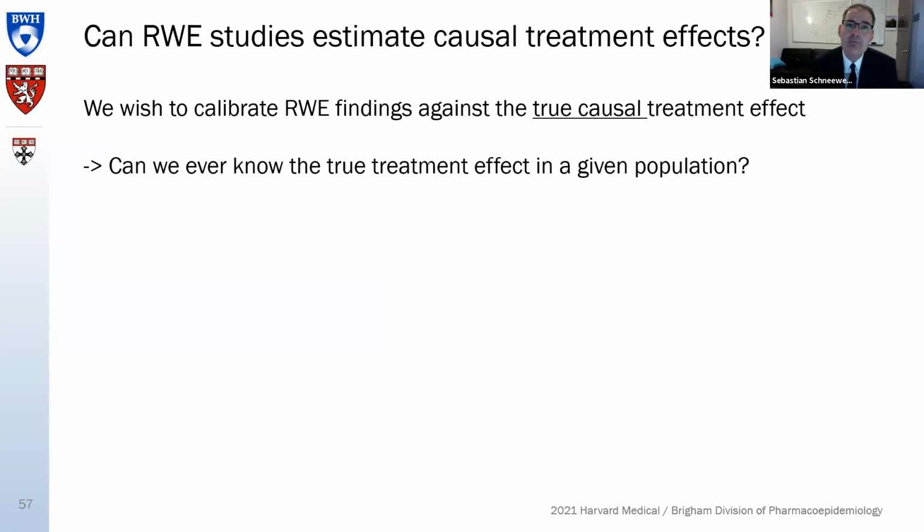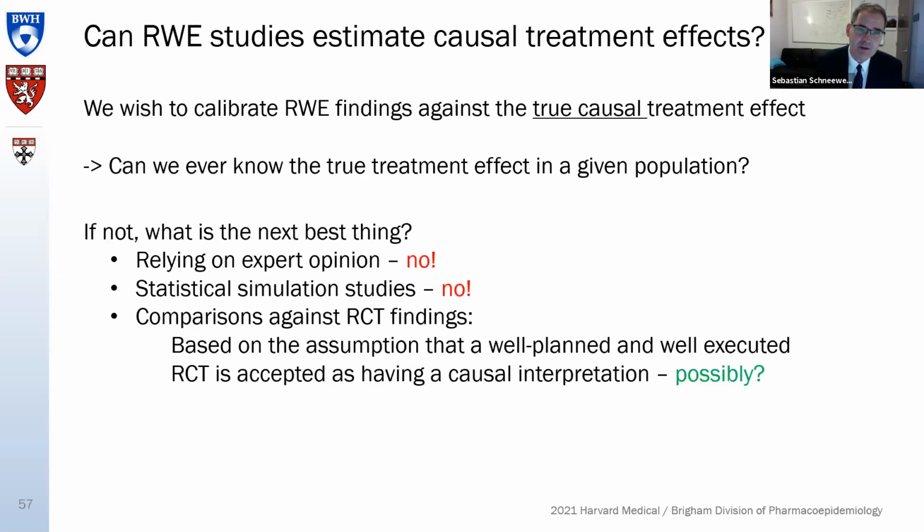Therefore, if we want to calibrate our real-world findings against some sort of truth, where do we gain knowledge about the truth? And once we know this, of course, we can just look at the difference between those two treatment effect estimates and therefore conclude there is overlap or not. If we are not God, how can we ever know what the true treatment effect is in a given population?